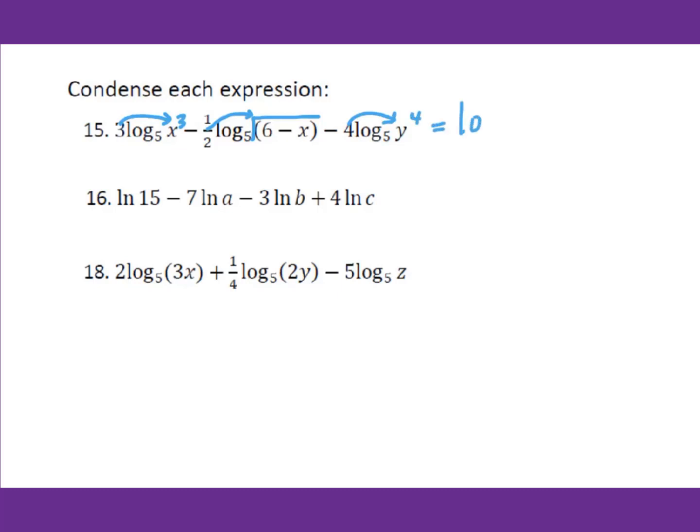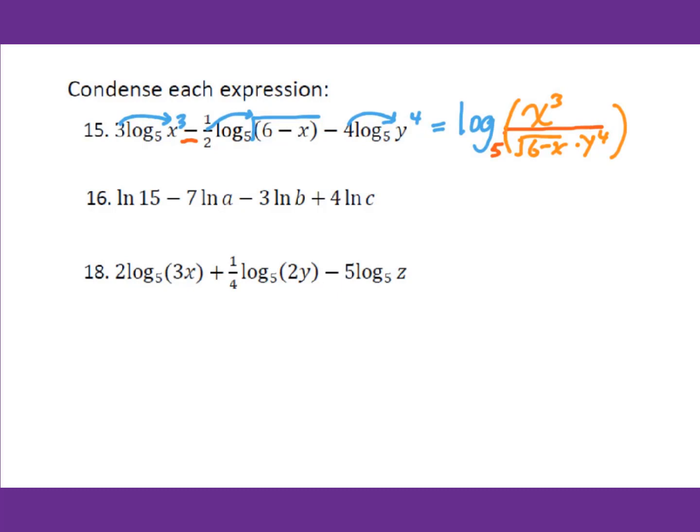Then you will get the log. If you have subtraction, that means you have a division line. Base is 5, don't change. Then x to the 3rd power goes to the numerator. When you have subtraction, it goes to the denominator: square root of 6 minus x, and in the denominator y to the 4th power. That's all.